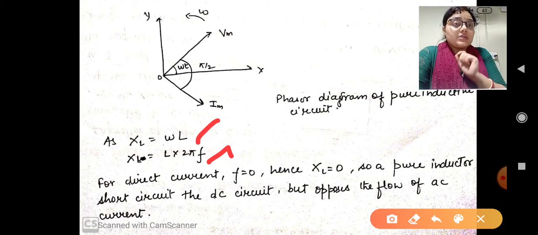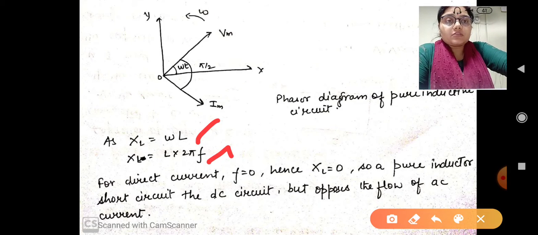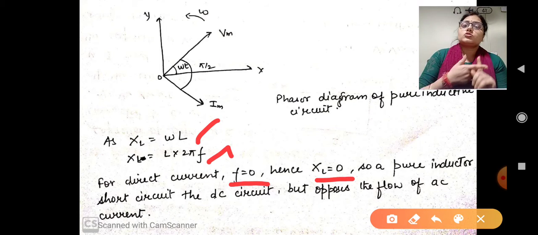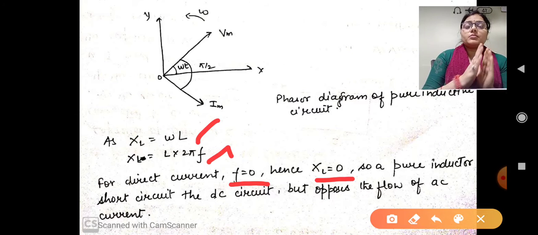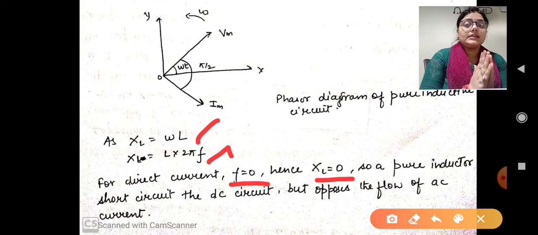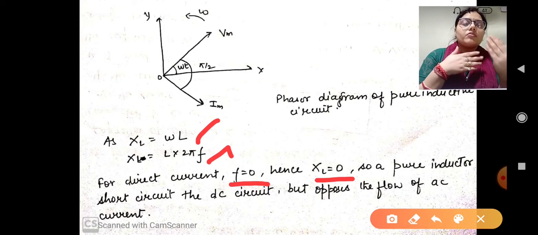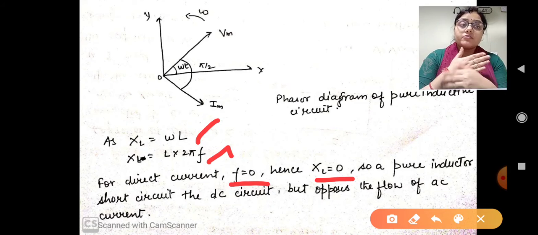So if we are discussing the direct circuit, direct current DC, the frequency will be 0. If the frequency is 0, it means your inductive reactance is also 0. And for a pure inductor, it is a short circuit for DC current, but it opposes the flow of AC current. It opposes the flow of AC current.